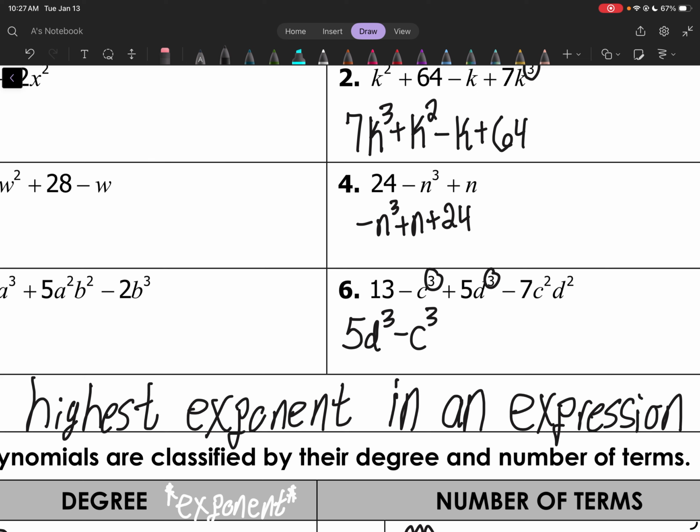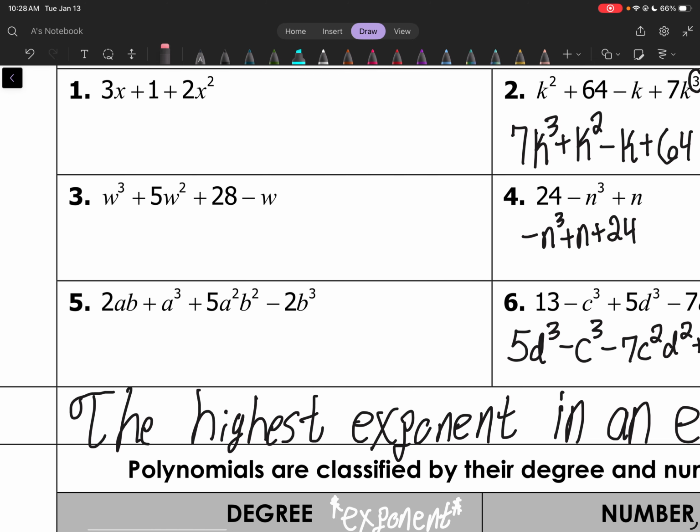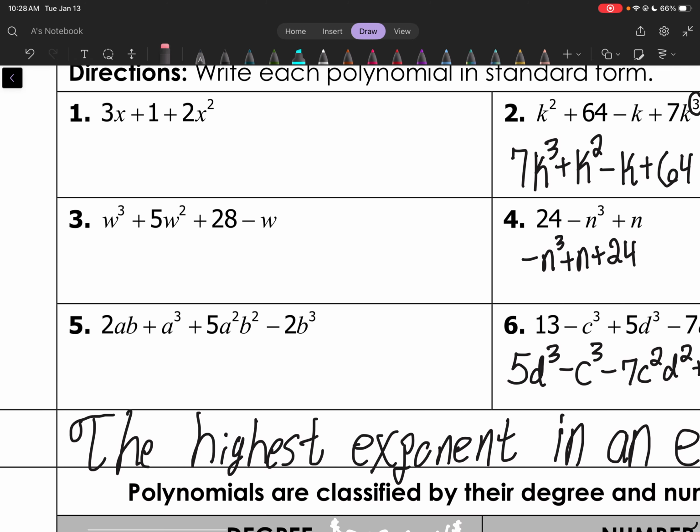I like putting the d cubed in front just because it doesn't have a negative. The next highest terms are the squares here. So minus 7c squared, d squared, and then lastly is the plus 13. Now I'll show you the answers for 1 through 5, well 1, 3, and 5 at the end.